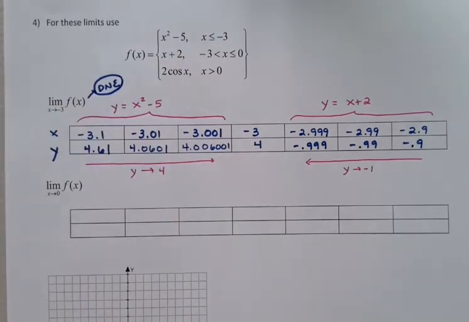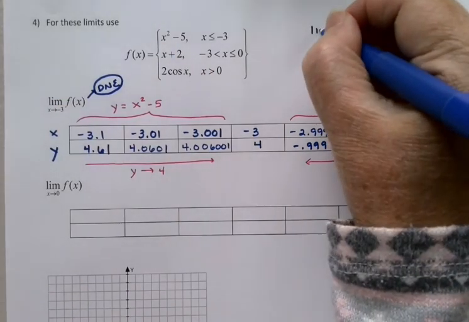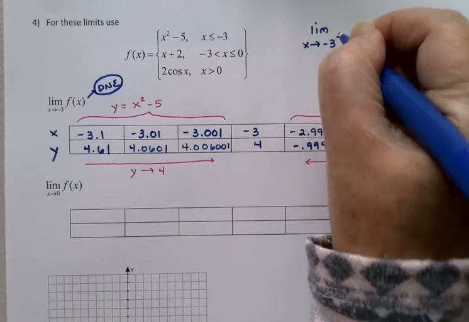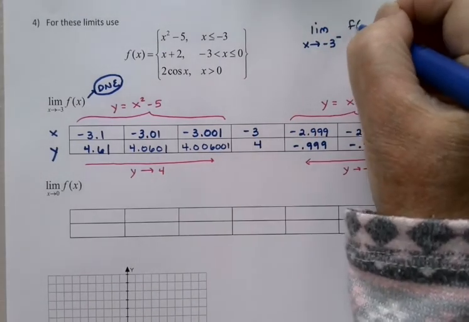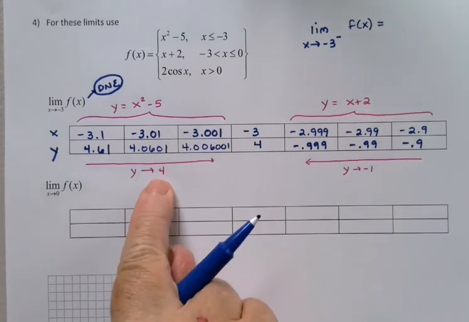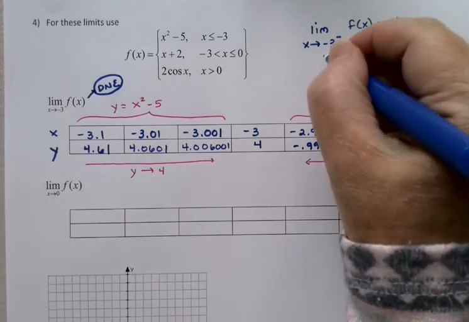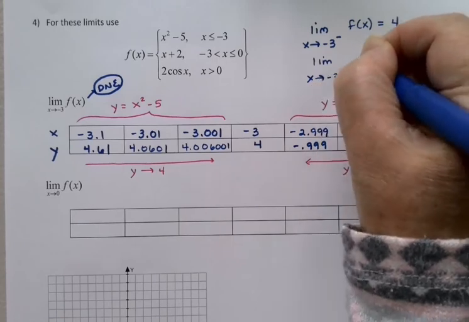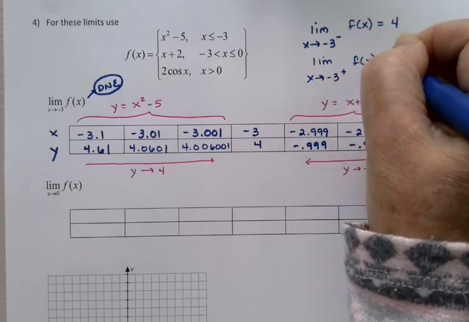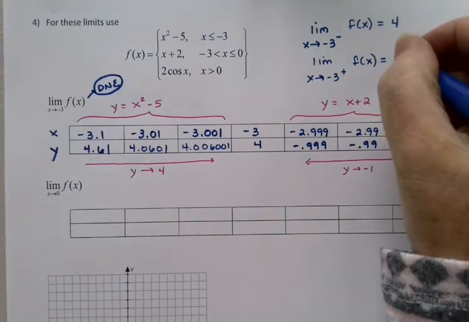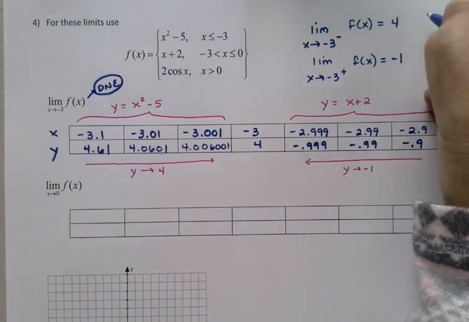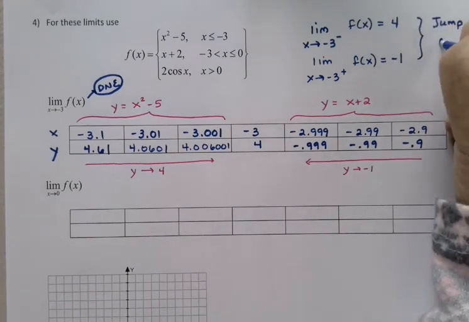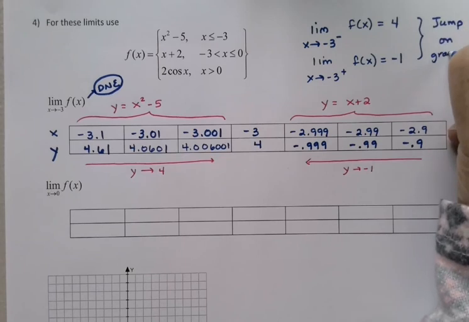But what I can say is that the limit, as x approaches -3 from the left for this function, is 4. And the limit as x approaches negative 3 from the right for this function is negative 1. So this is going to be a jump on the graph.